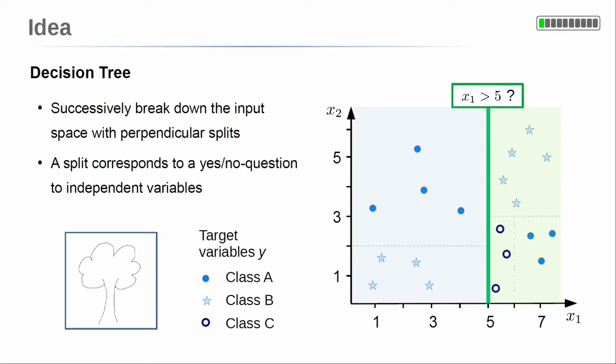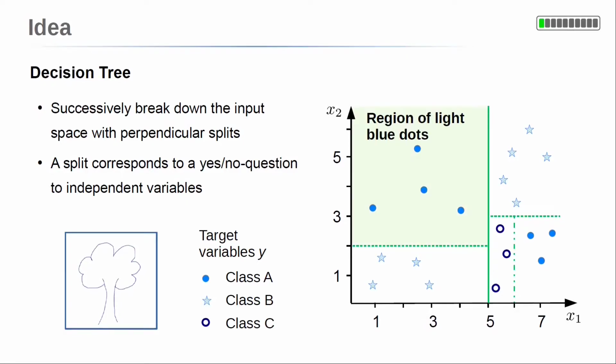The separating line is perpendicular to the coordinate axis. Further questions split the input space. If a region with data points of a single class is identified, new data in this region is classified according to this class.